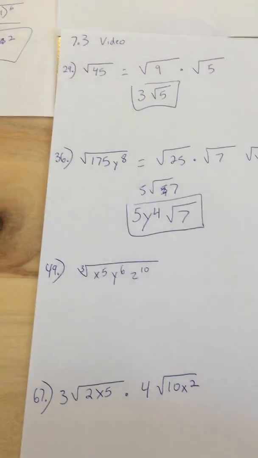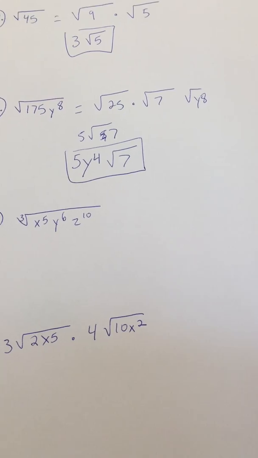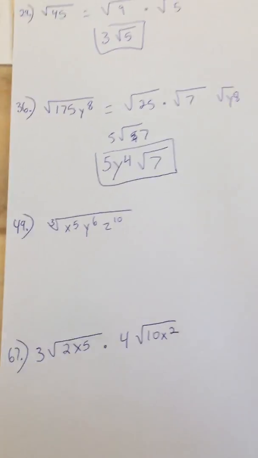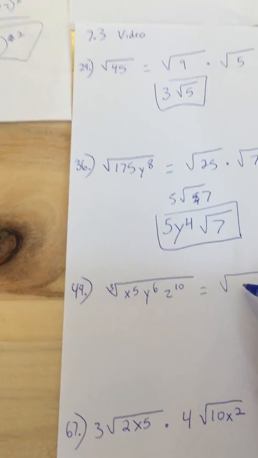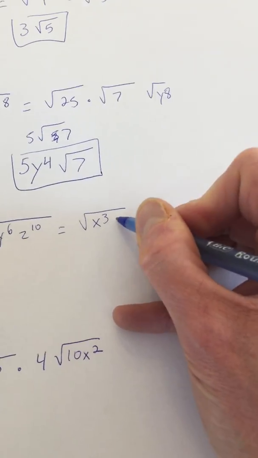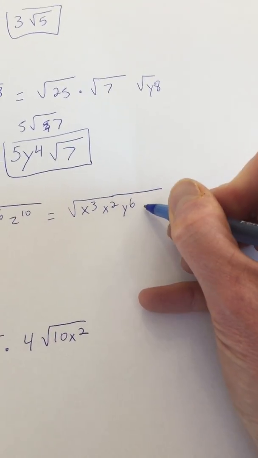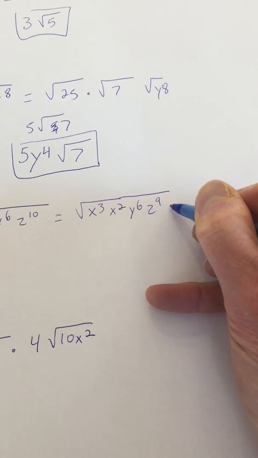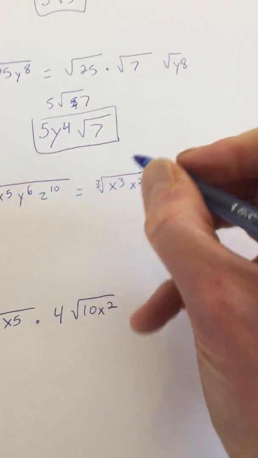And that's that one. And then the next one is a little bit bigger, but basically I do mine a little funky, but hopefully you're okay with it. I do x to the 3rd and then x to the 2nd. And then I'm going to leave the y to the 6th. I'm going to do z to the 9th and then z. And I can see that I can get the cube root of these.